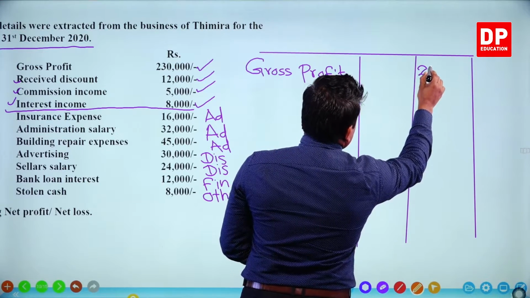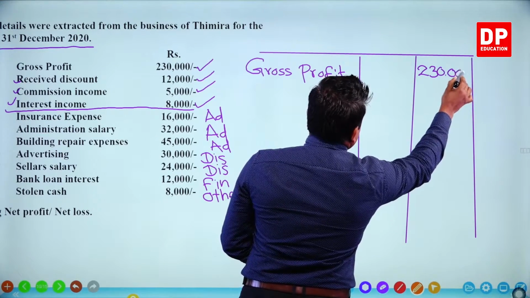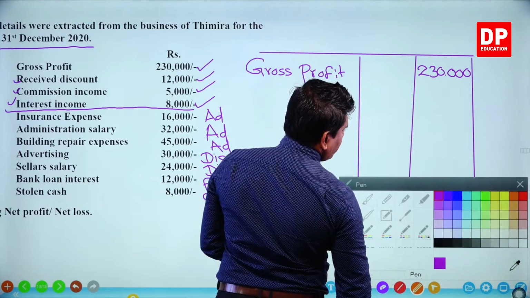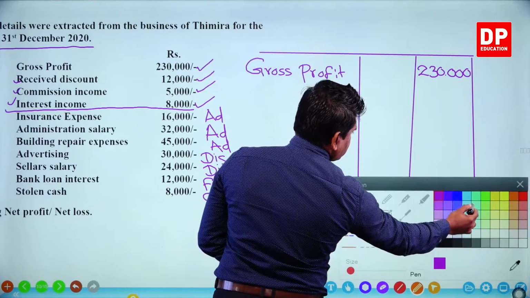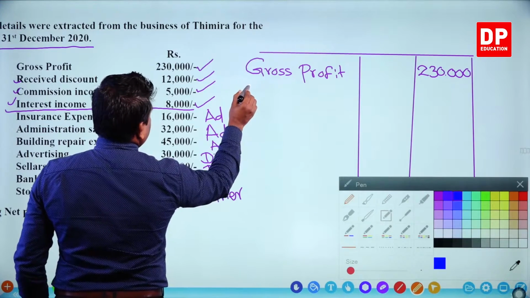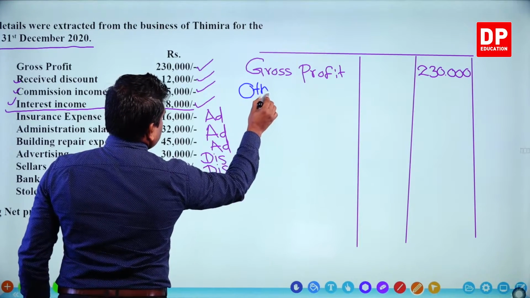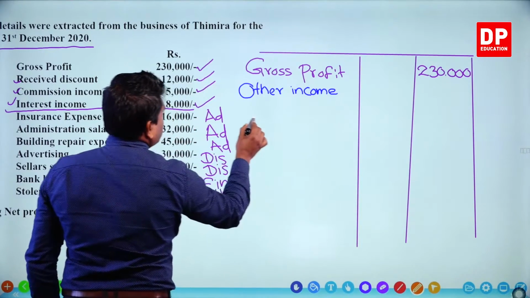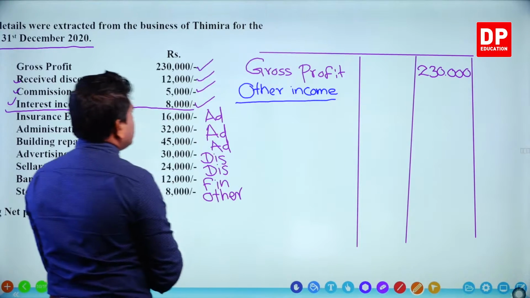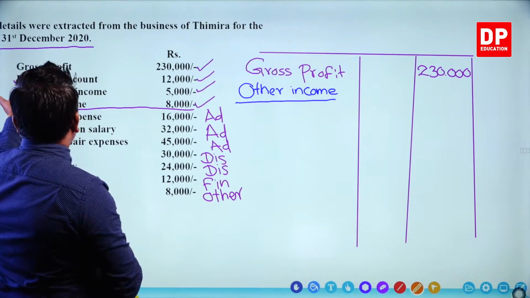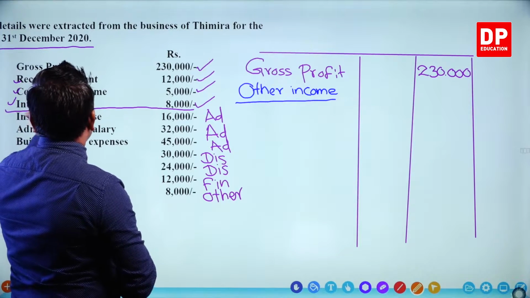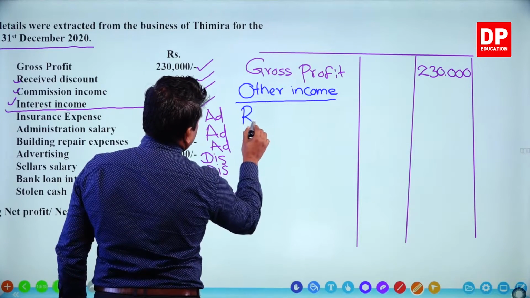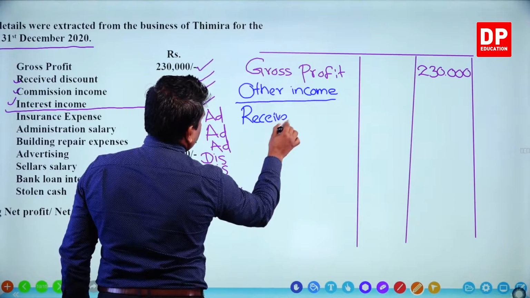We put it here. Then other income. Right? We write other income under the gross profit. I think you are doing it with me, right? Then what are the other incomes? I mark them: received discount, commission income, interest income. Then you can write received discount.